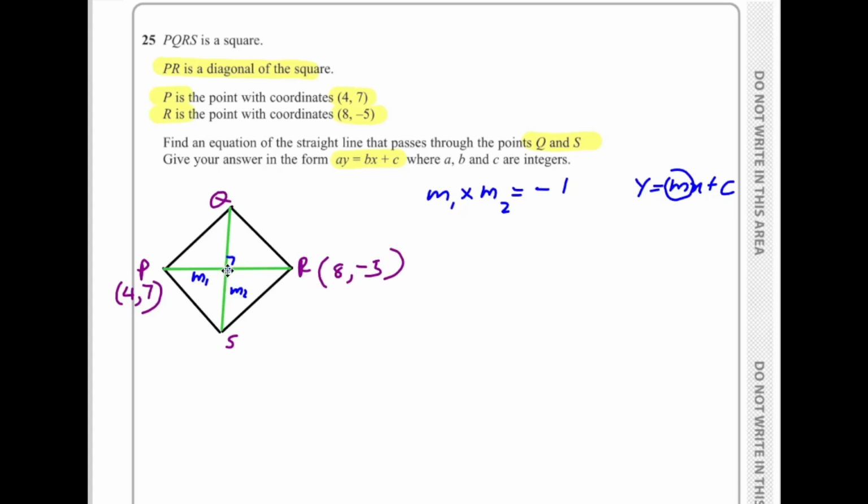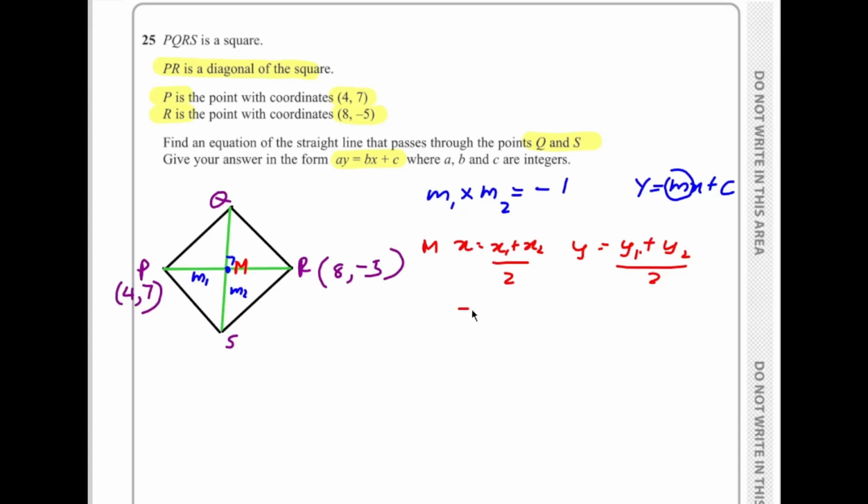Let's label this point as M, and I have to get the coordinate of M. To get the x coordinate, x1 plus x2 divided by 2, midpoint coordinate. How to get y? y1 plus y2 divided by 2.